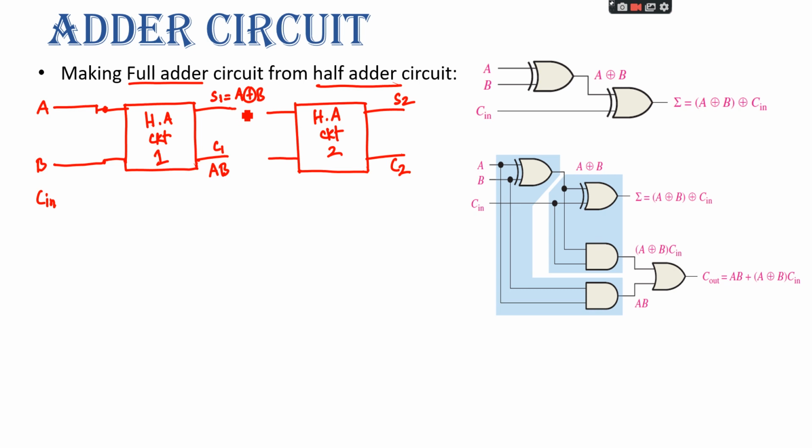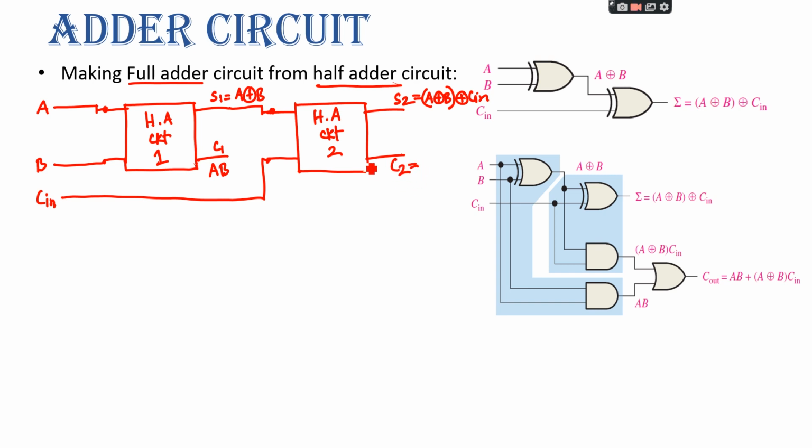Now if we directly connect this S1 as the first input of the second half adder circuit, and connect C in as the second input of the second half adder circuit, then what should be the output of S2? It should be A exclusive OR B exclusive OR C in, right? And what should be our C2?